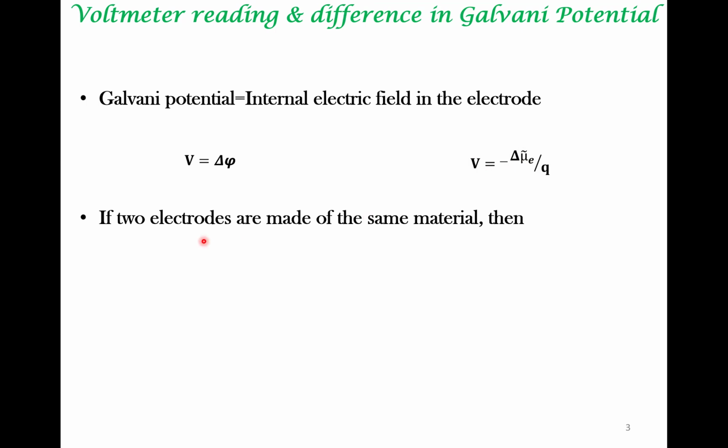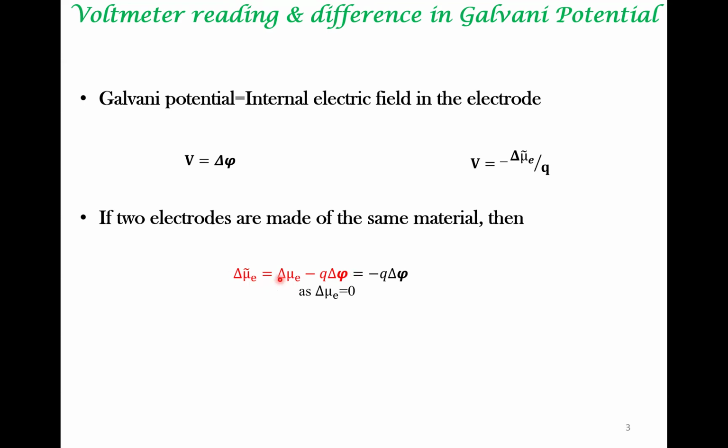If the two electrodes are made up of the same material, this can be, let's say, a platinum lead and another platinum lead, or a copper lead and another copper lead, then the difference in electrochemical potential of the electron can be written in this manner. So this is a general definition. Whatever has been highlighted in red is the general definition for electrochemical potential.